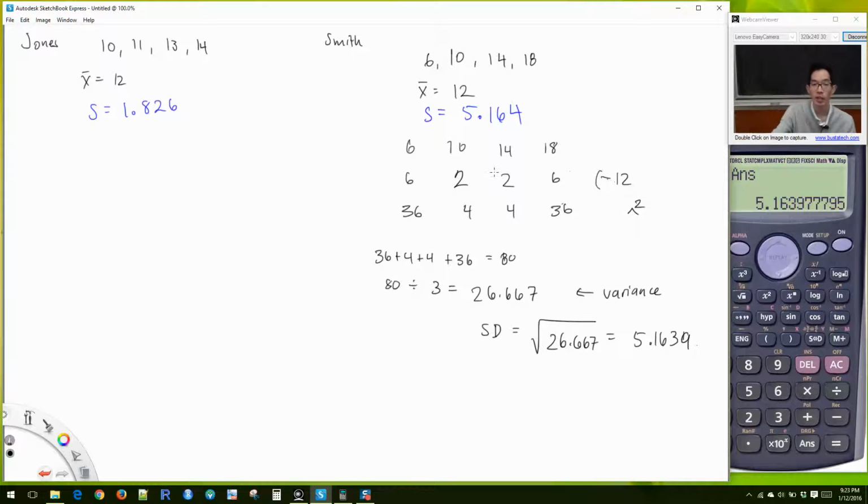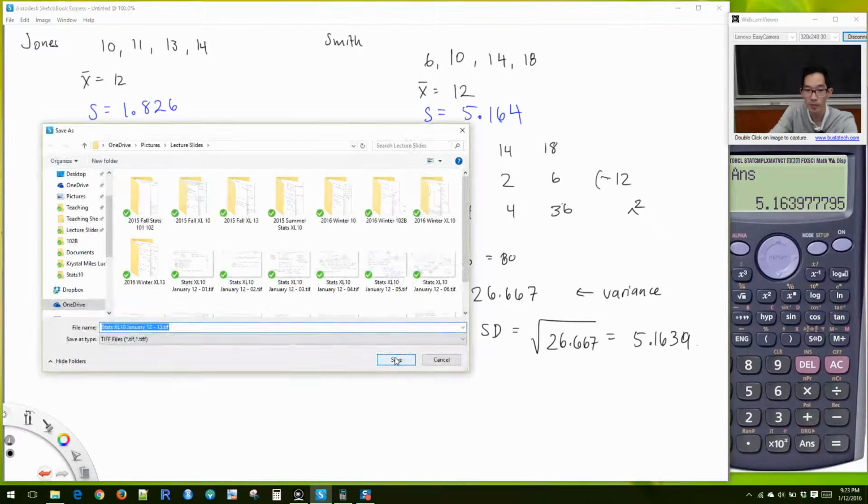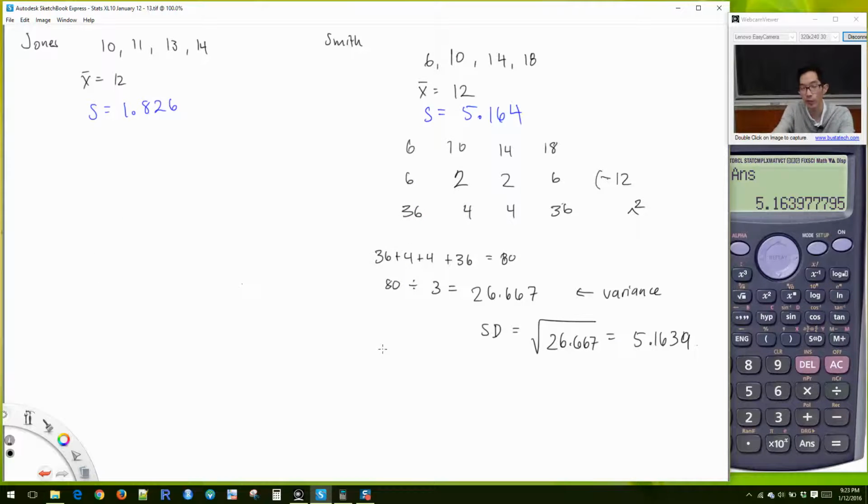All to say, looking at these 4 kids and their ages, the mean is the same, but the spread is different. The standard deviation is 5 over here, and the standard deviation is 1.8 over here, and that captures this idea that the ages are more spread out in the Smith family than they are in the Jones family. So the standard deviation is a way for us to capture this idea of spread.